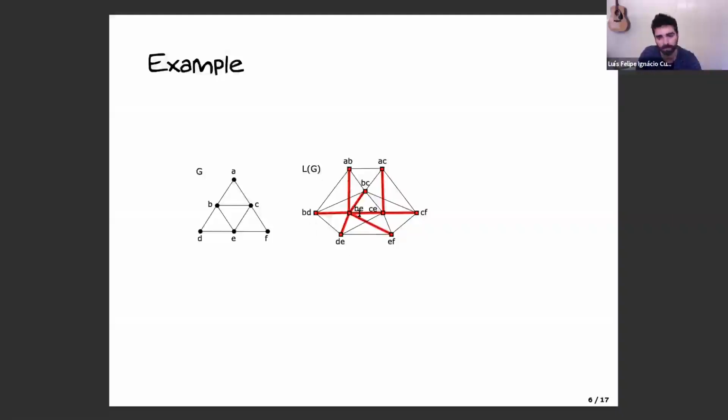As you can see in red, this is a spanning tree, and the distance between AF and CF is equal to 3: 1, 2, 3.